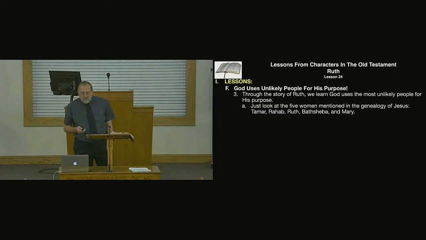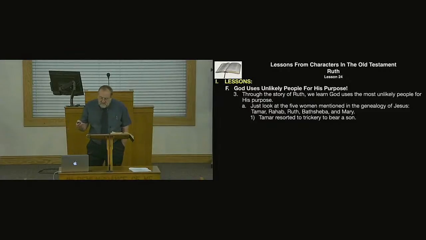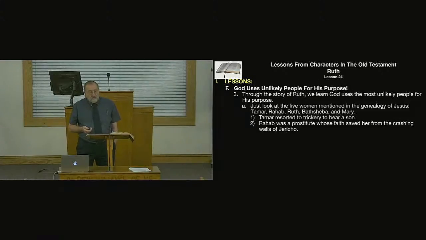And yet, remember, Tamar, she resorted to trickery to bear a son. Remember Rahab? She was a prostitute whose faith saved her from the crushing walls of Jericho. Ruth, she was a Moabite and a widow.